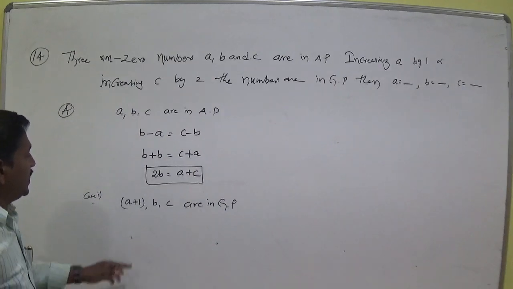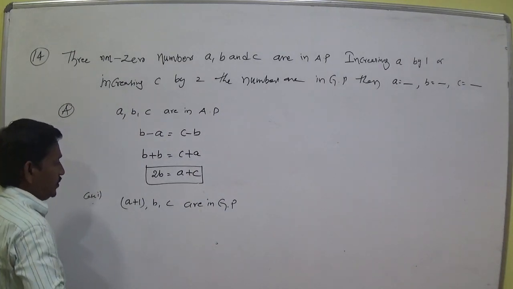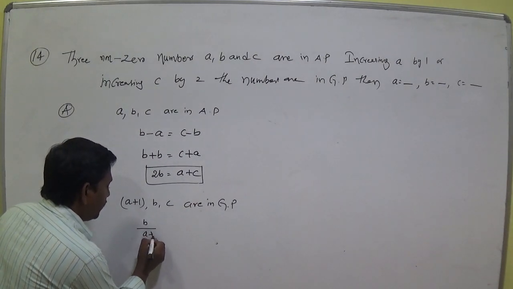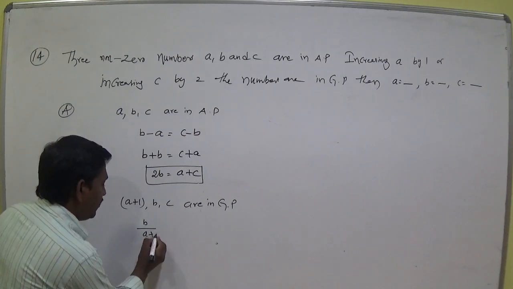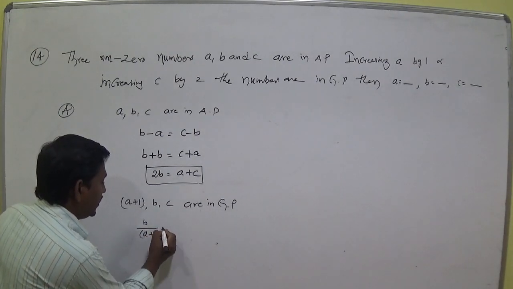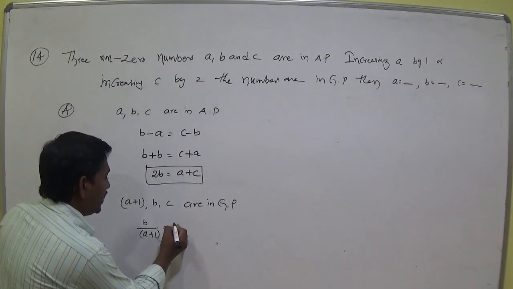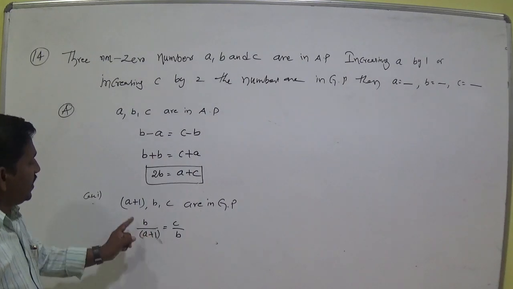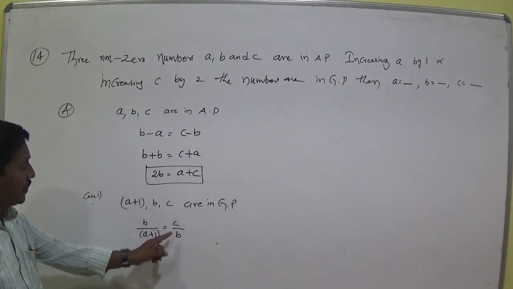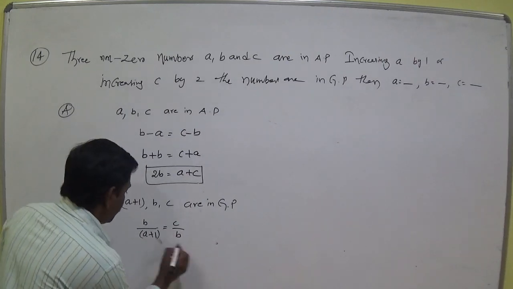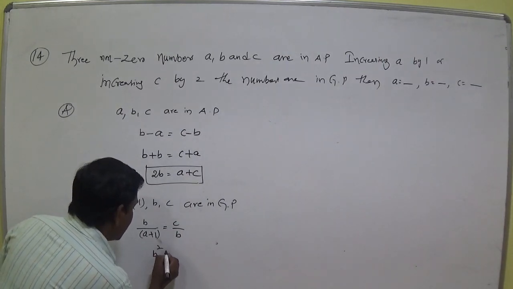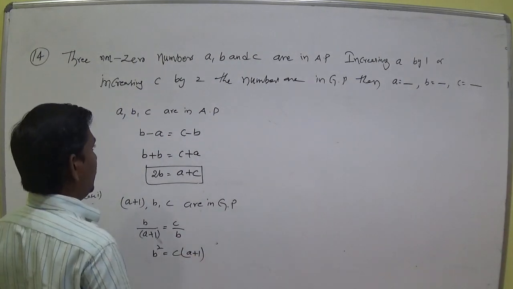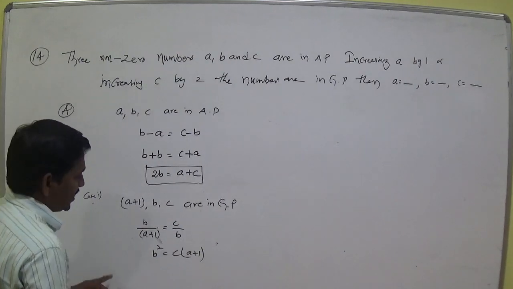Now we know that b by a plus 1 equal to c by b, and b square equal to c into a plus 1.